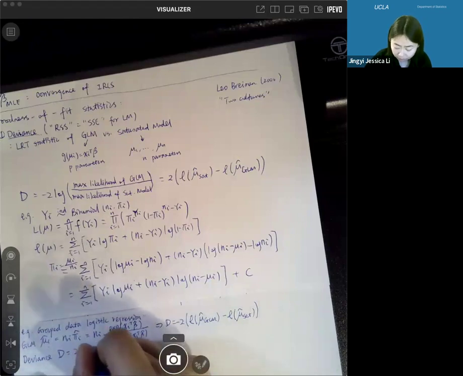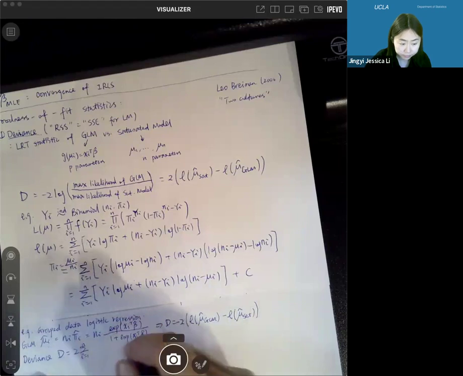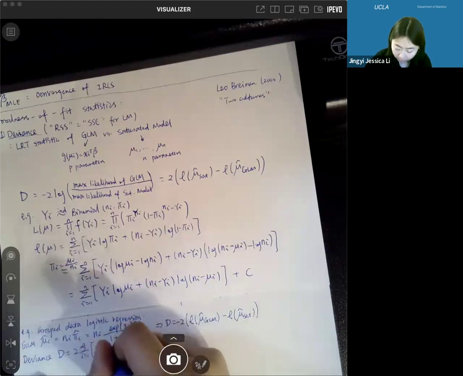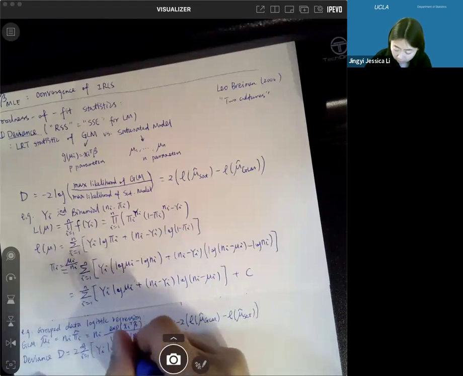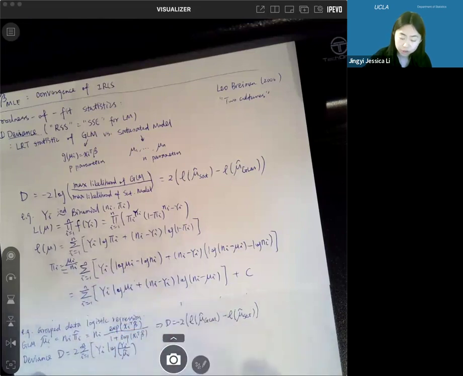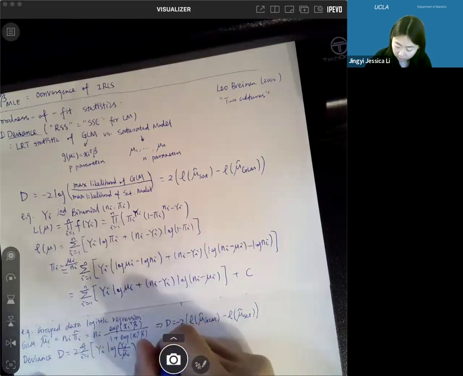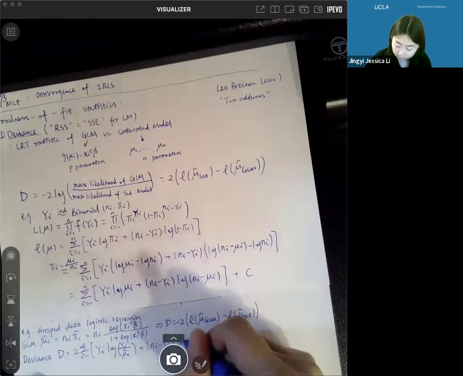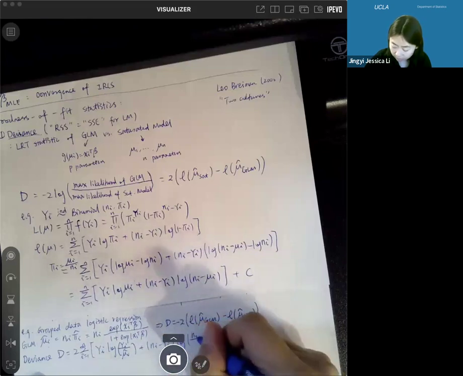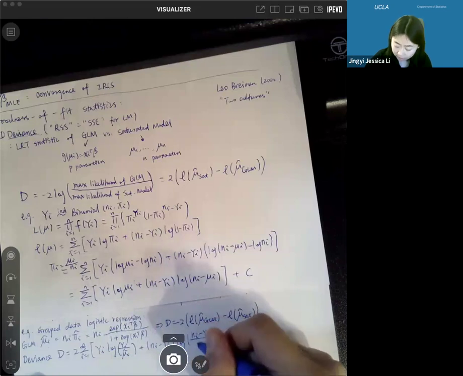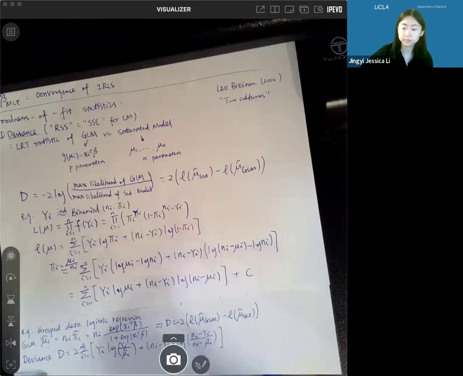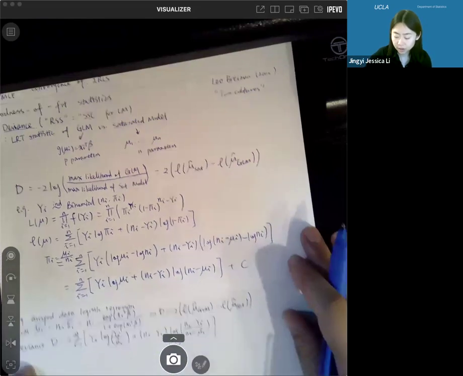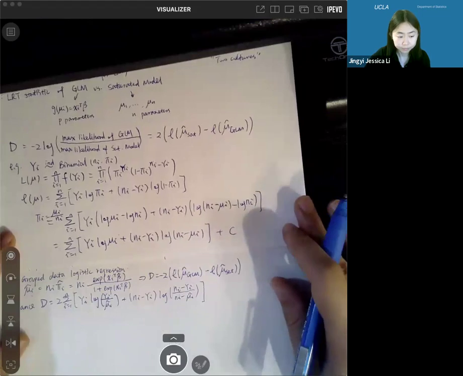It's actually 2 times the summation i from 1 to n of y_i log(y_i / mu_i hat), where this mu_i hat is from the GLM, plus (n_i - y_i) log((n_i - y_i) / (n_i - mu_i hat)). That's it. This is the deviance formula for group data logistic regression.